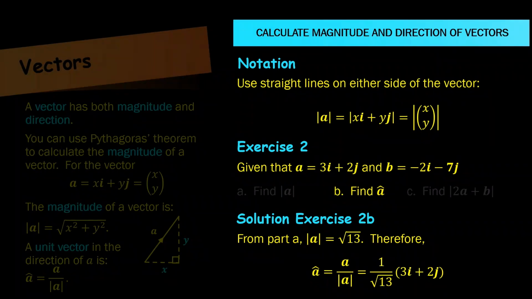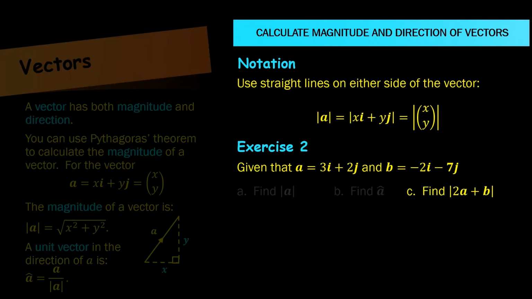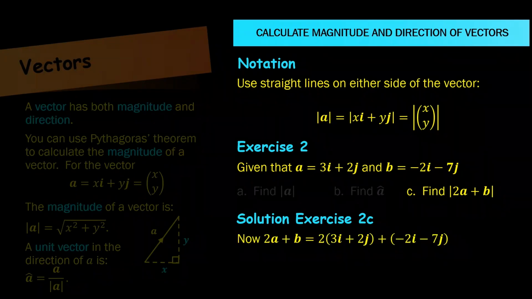And now for part C, we are required to find mod of 2a plus b. So let's solve this. 2a plus b is as shown. So here's 2a and here's b.